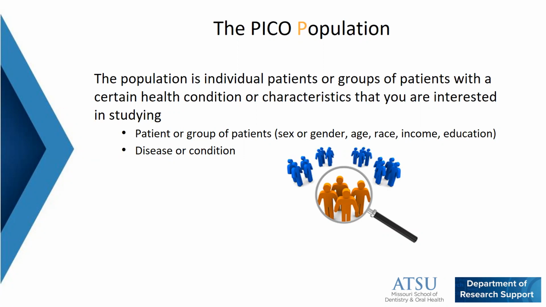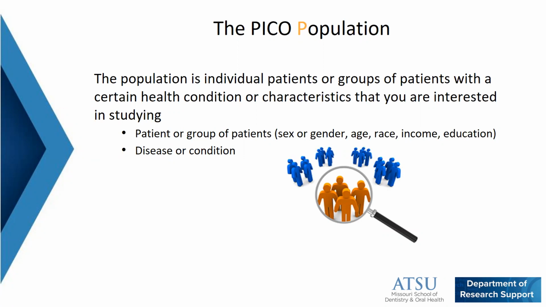So what is the PICO population? The population is an individual patient or a group of patients with a certain health condition or characteristics that you are interested in studying.